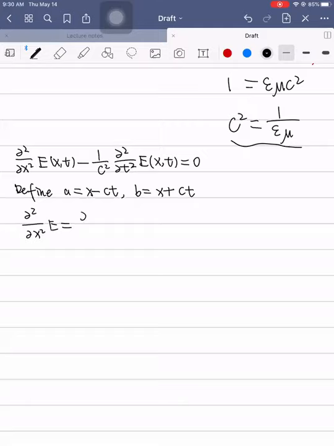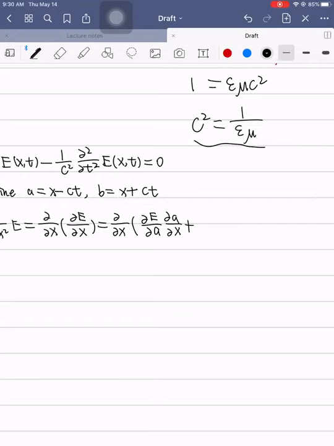It can be written as... still, this is just the chain rule in derivation, right?